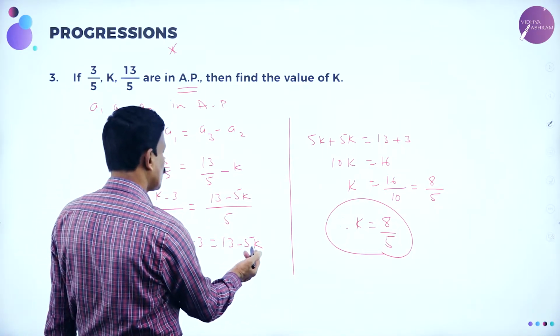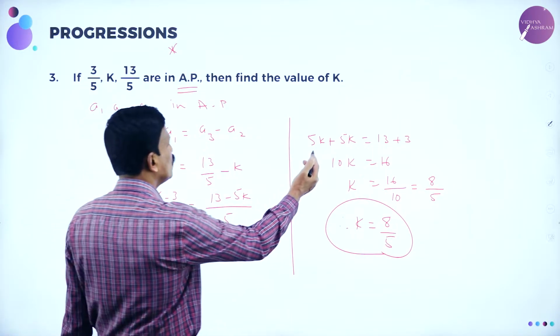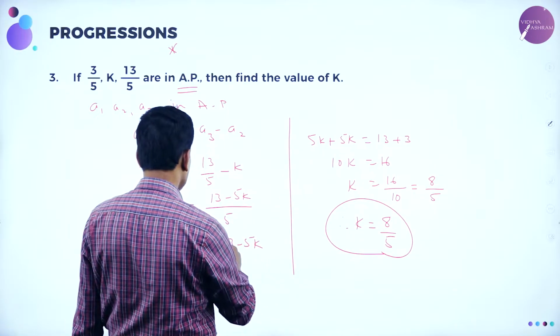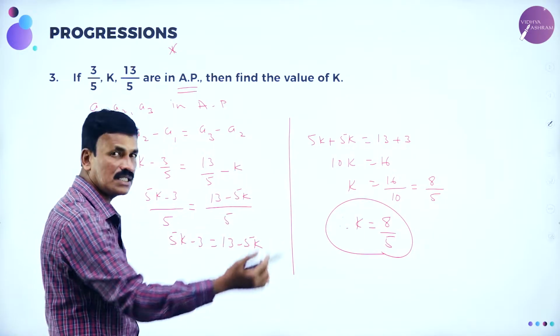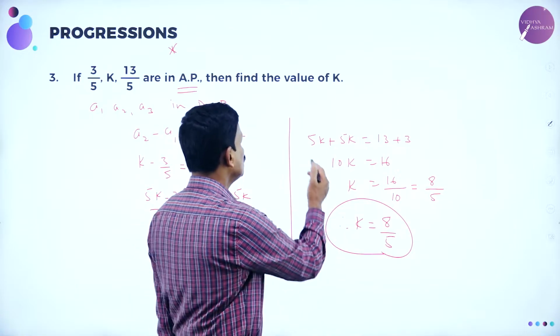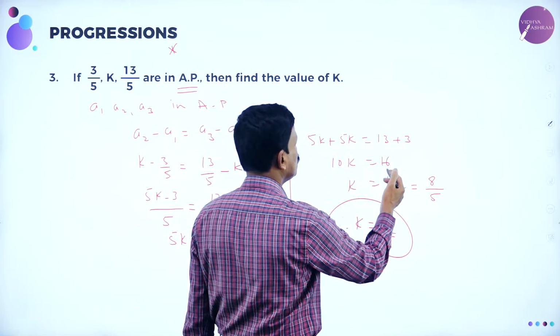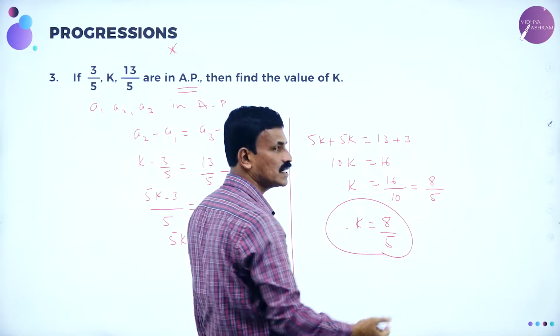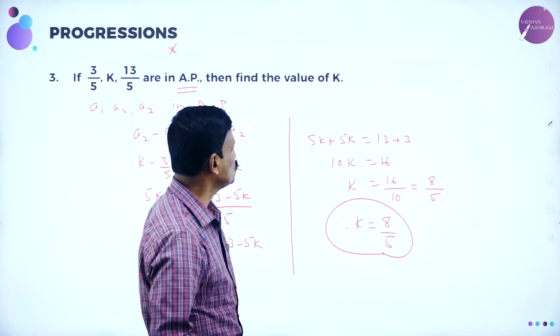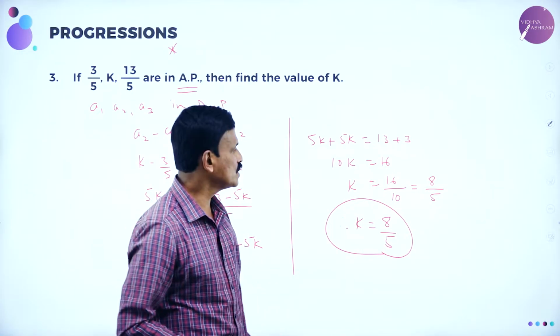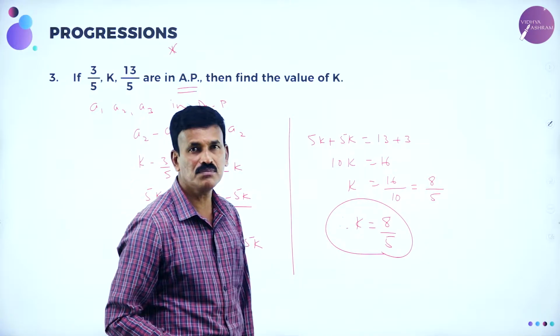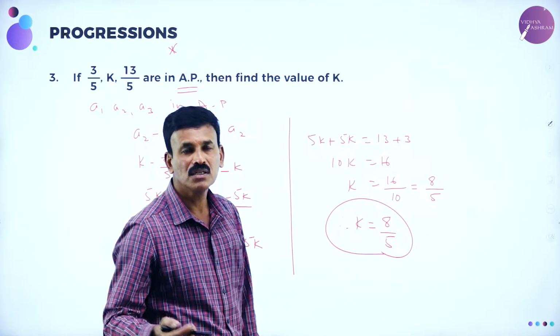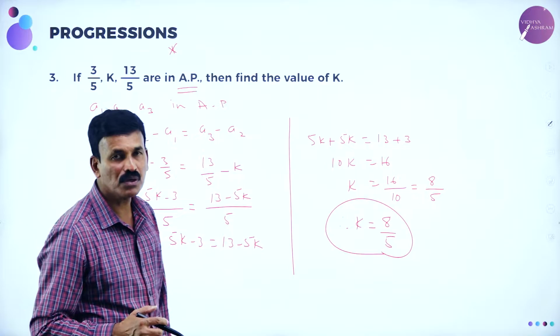I just transfer minus 5k to the left hand side. It becomes plus 5k, and transfer minus 3 to the right hand side, it becomes plus 3. 5 plus 5, 10k is equal to 13 plus 3 is 16, k is equal to 16 by 10, just divide by 2, 8 by 5. k is equal to 8 by 5, which is the required answer. Okay, very simple and important problem for 3 marks.